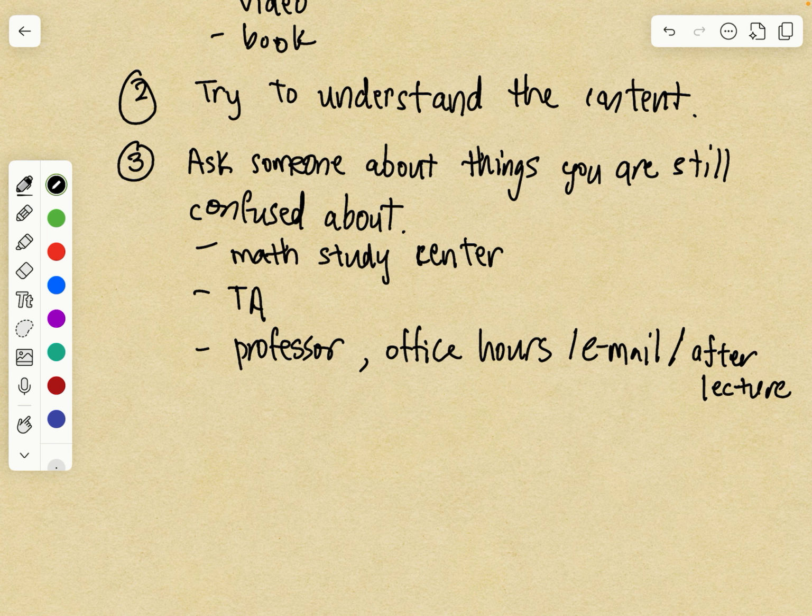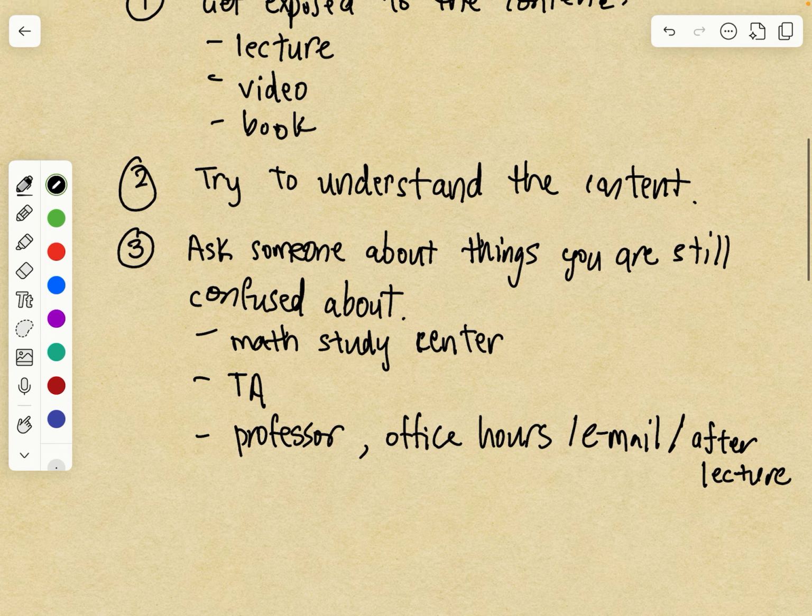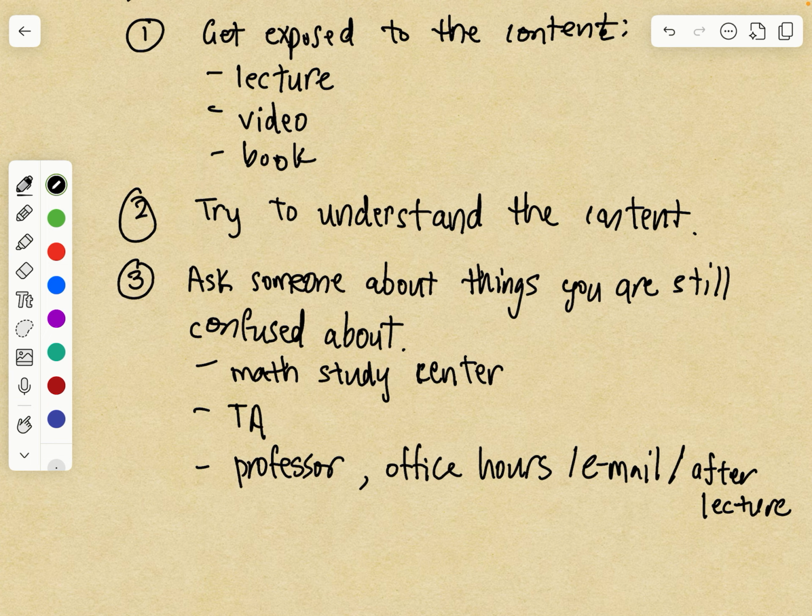Okay. And one thing I see a lot of students do is once they find something that they're confused about, they go back to kind of steps 1 and 2. So they'll go back to the video and watching more videos. And that is often not very helpful because you might not get the question answered.